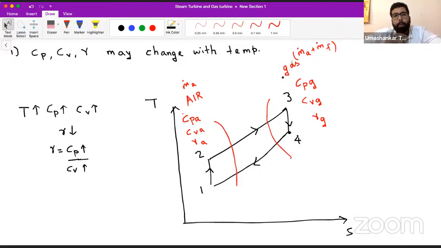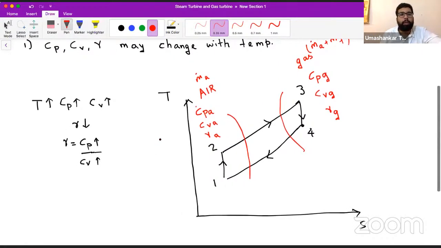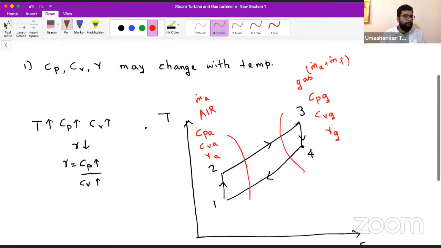So here the properties, the specific heat and the value of gamma may change. If Cp, Cv, gamma change with respect to temperature, the properties of the gas may change.